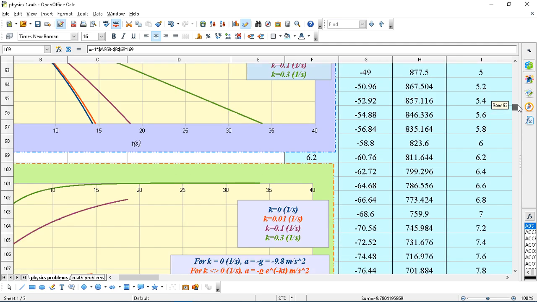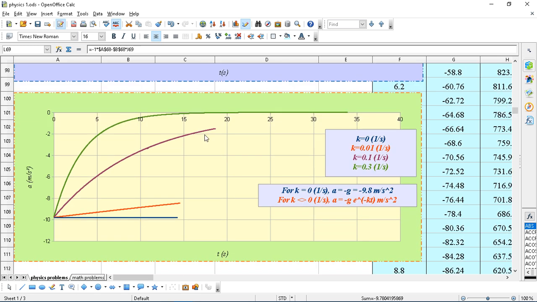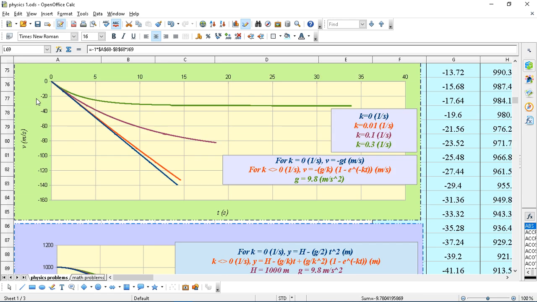So here we have the graph for the acceleration. You can notice that the acceleration has a greater tendency to reach the value of 0 meters per second squared. The velocity doesn't increase in absolute value. The speed doesn't increase so much and tends to reach a specific, constant value.